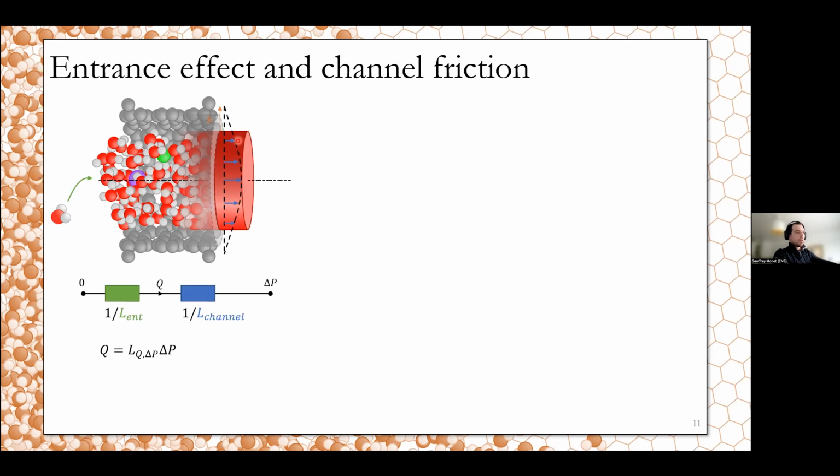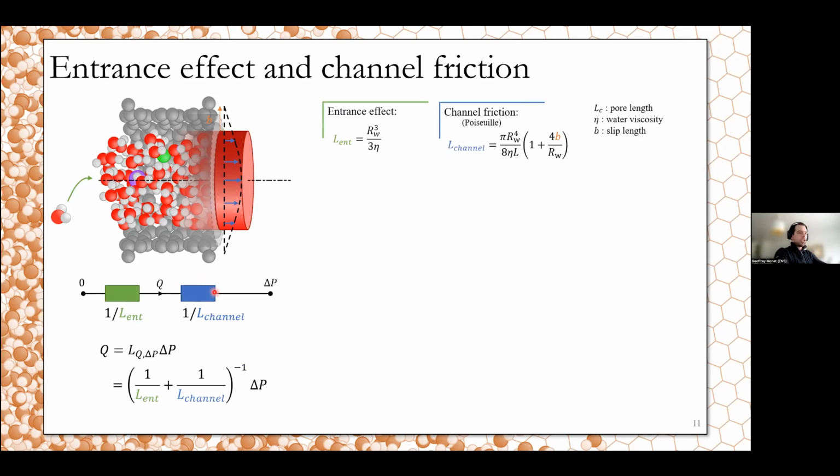And then you have the inner friction of the water molecule on the wall of the nanopore. So we get the famous Poiseuille profile, where here b is the slip length, and it can be non-zero. And like an electrical circuit, we just sum up these two resistances to get the permeability factor. At the top of the slide, you have the expression of both terms.